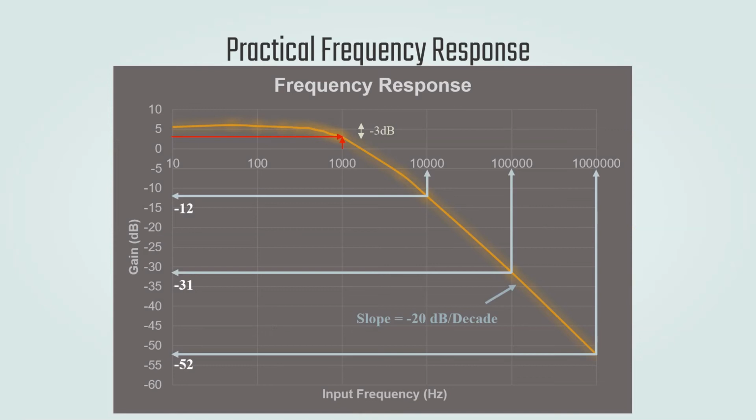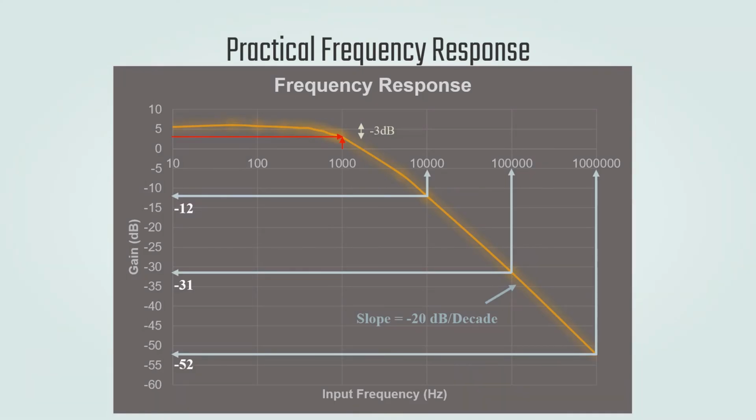For the practical case, the frequency response was slightly different from the simulation. As the circuit is designed using just a first order low pass filter, the effect is not so obvious.